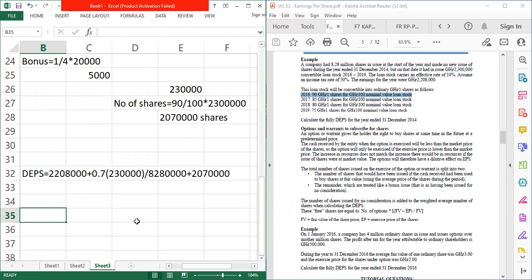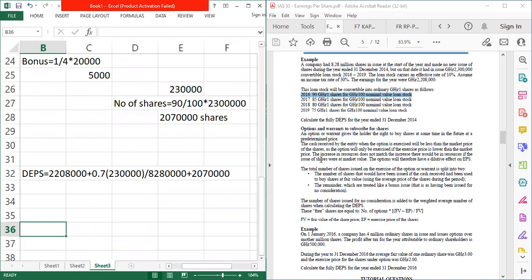All right. Let's look at share options. Options and warrants to subscribe for shares. Share options are options given to people to buy shares at some time in the future. But this is an option. They can decide to exercise it or not. If you want them to exercise it, you have to give them a share price that is lower than the actual share price.